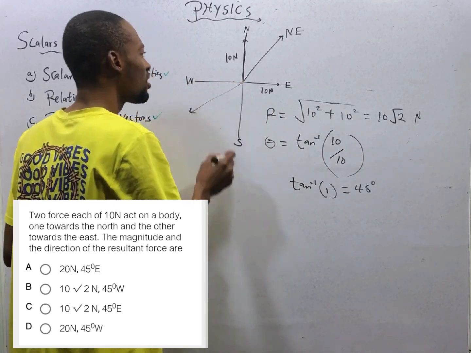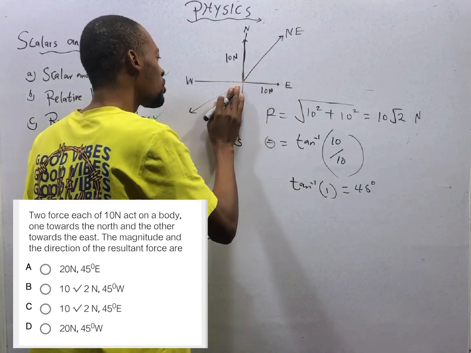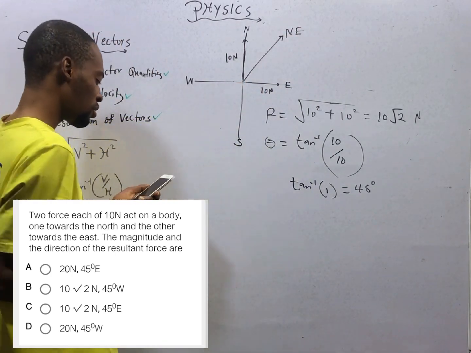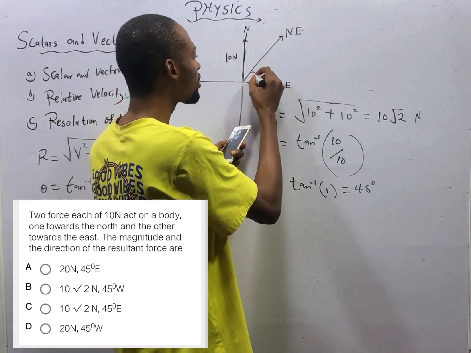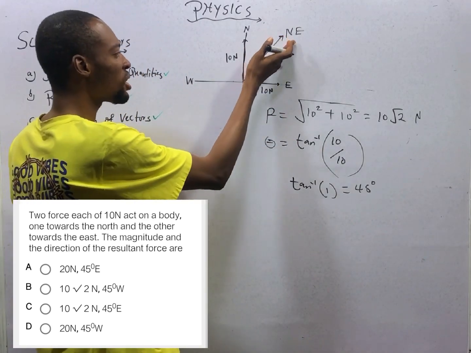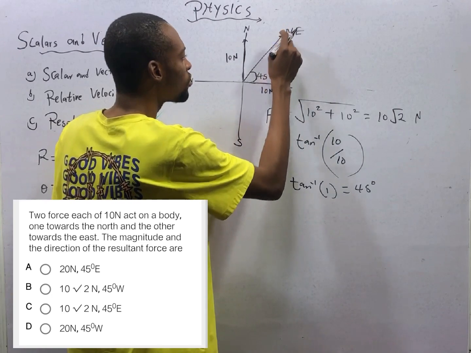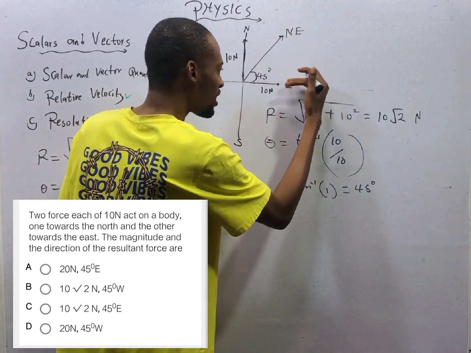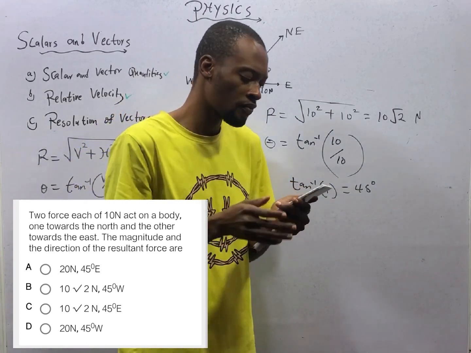The motion is obviously in this direction, so west will not even work. So east is the correct answer, 45 degrees east, because the resultant is inclined to the horizontal. So 45 degrees to the horizontal east. That is the correct option, which is option C.